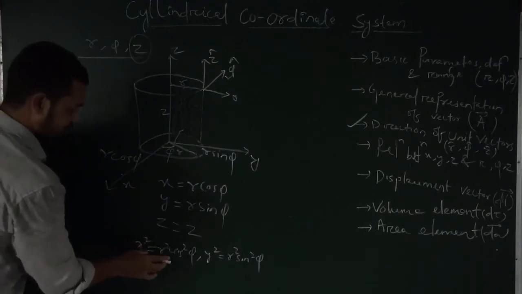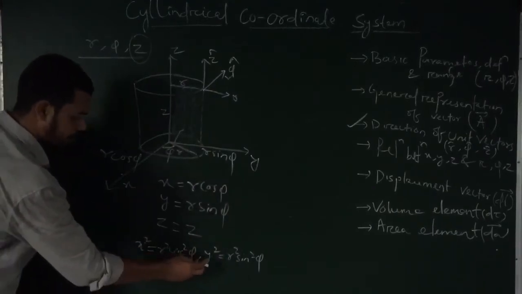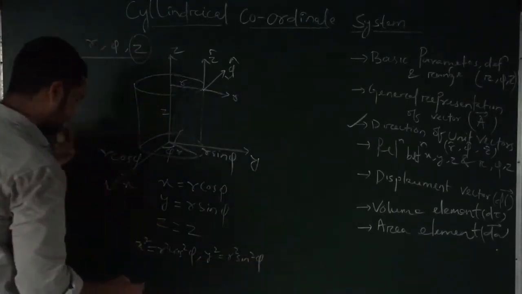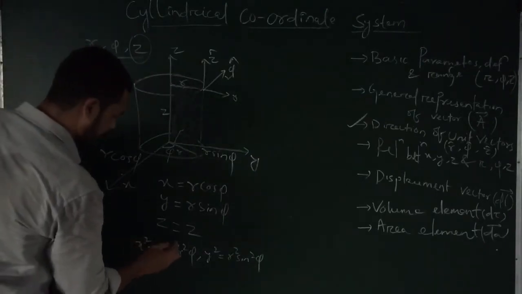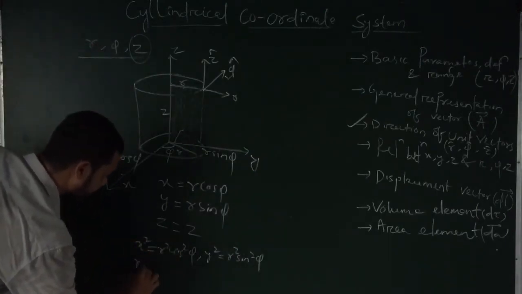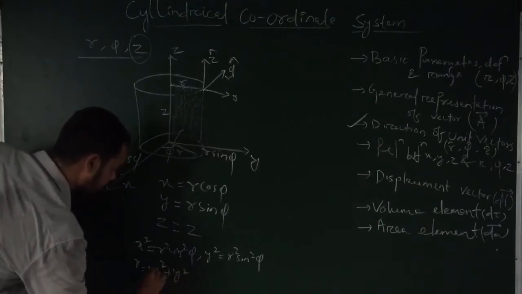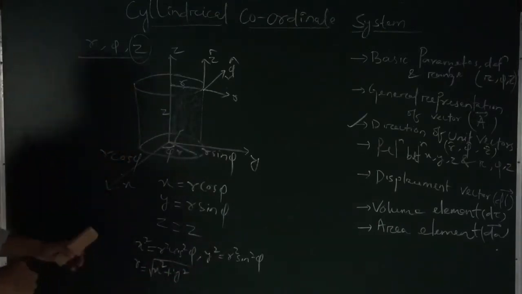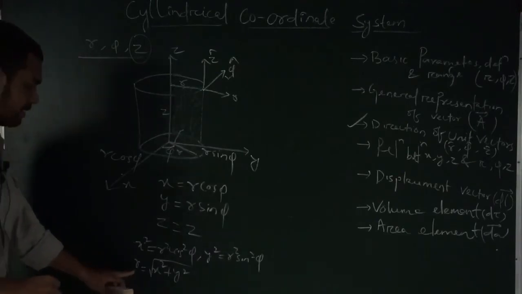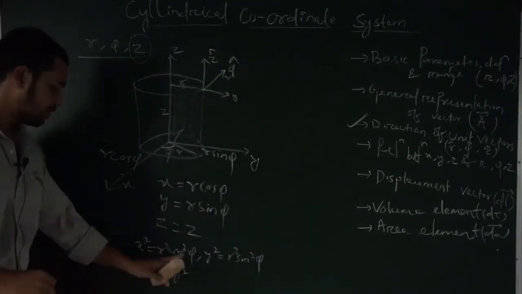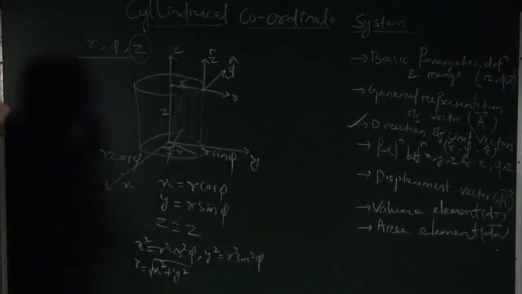If you add them, x square plus y square, you get r square cos square phi plus r square sin square phi, which equals r square. So r is equal to the square root of x square plus y square.